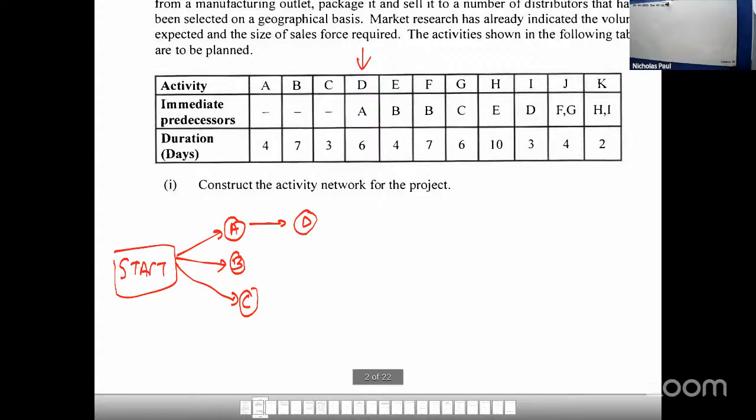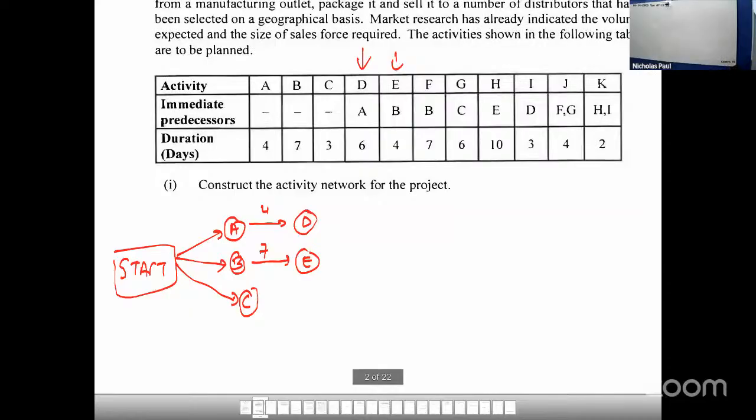So after 4 days, we could start D. Now we look at E. E could only happen after B. And B took about 7 days. So E happens 7 days later.